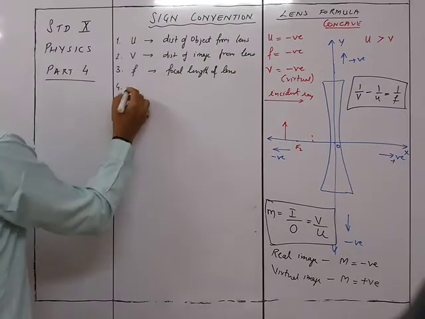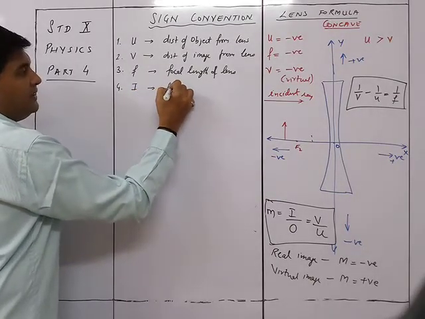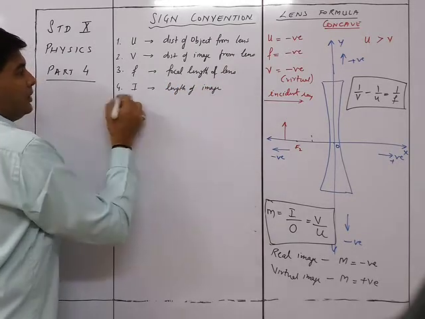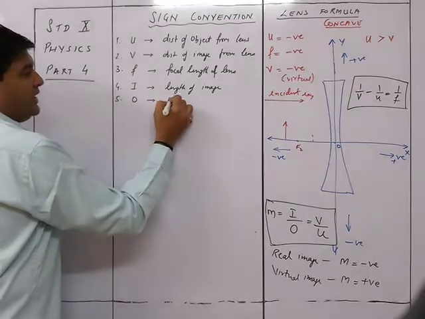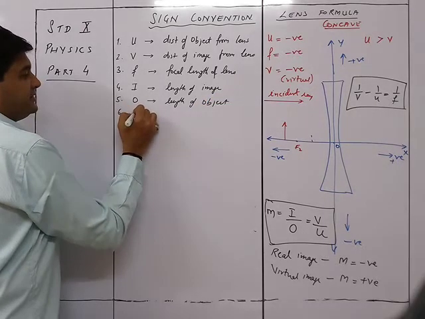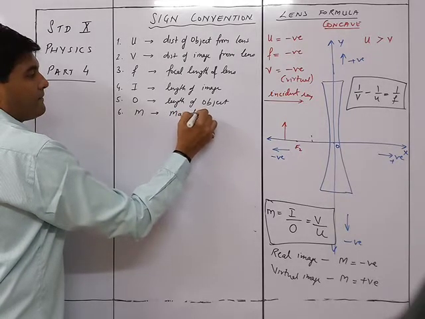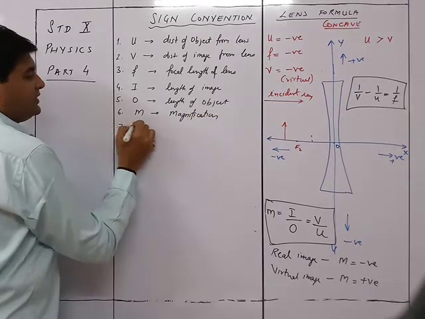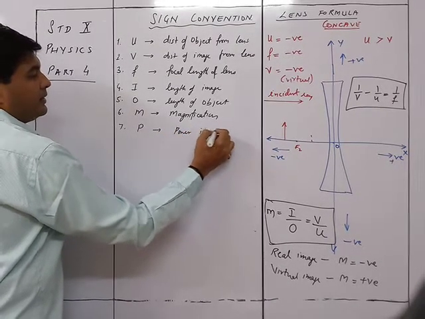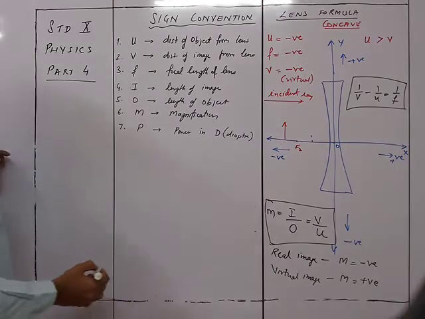Fourth is I, the length of image. Fifth is O, which is the length of object. Sixth is M, which is magnification. And seventh is P, which is power in diopter. So these are the main things.